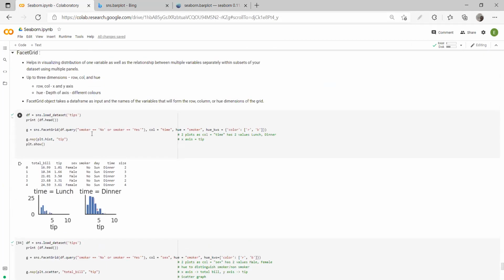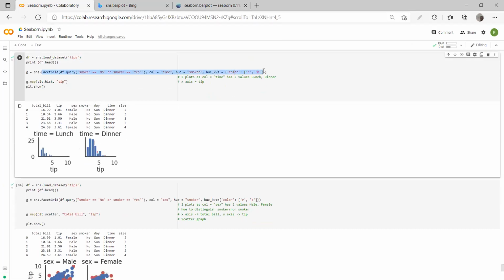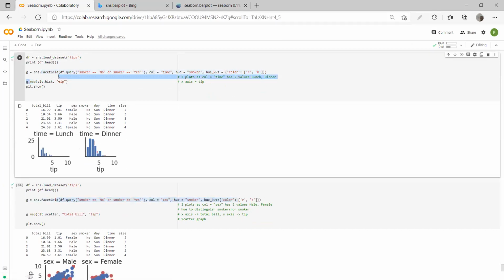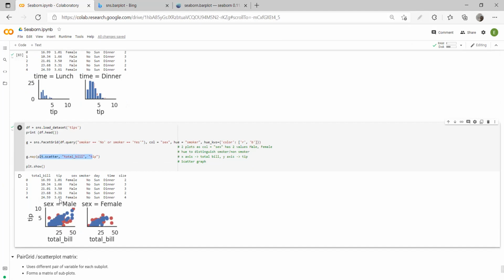So for the two examples we did over here, the first line is exactly the same for both of these use cases, right? But the only difference is in the second line. We plotted a histogram over here, a bins-like structure histogram. And over here we are plotting a scatter plot.